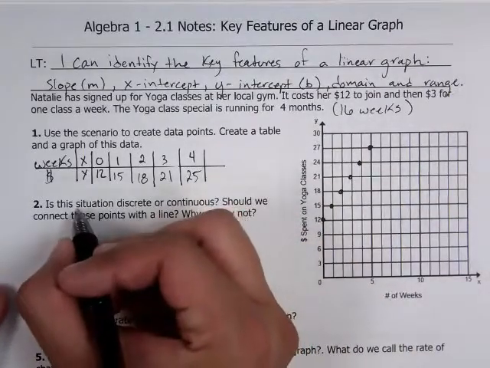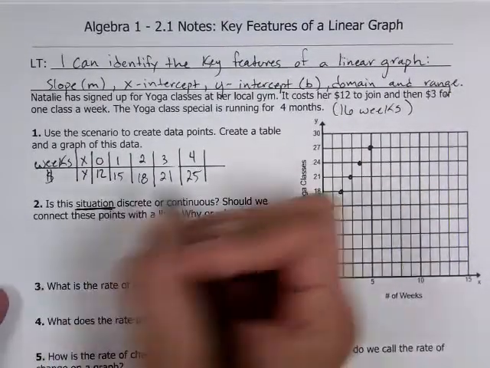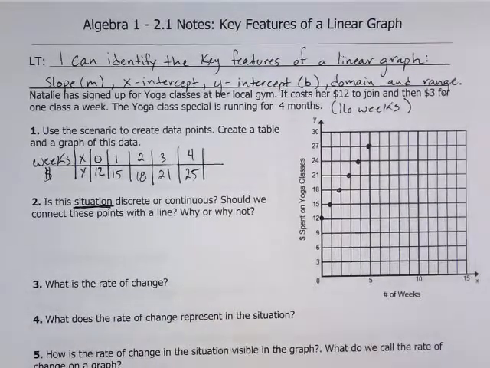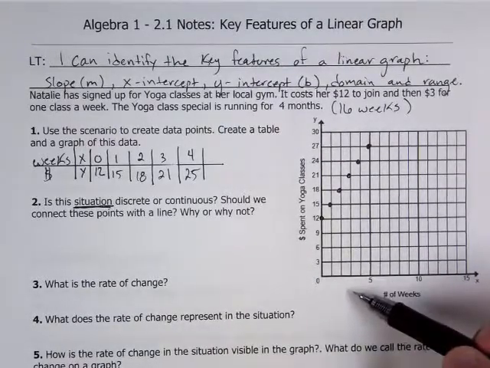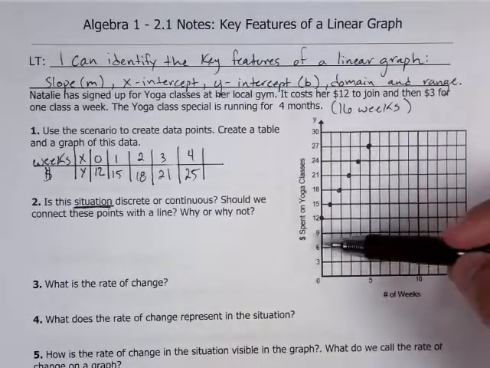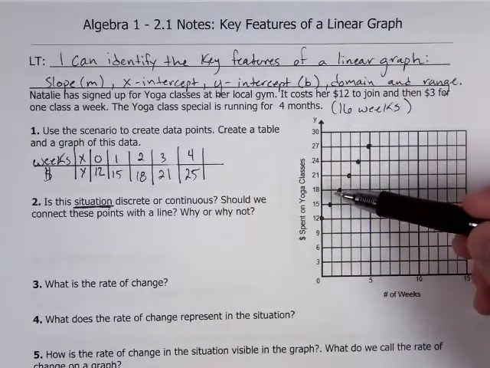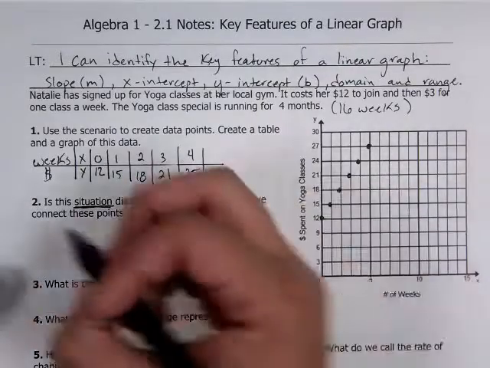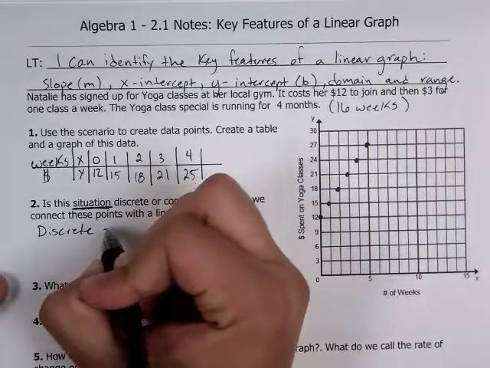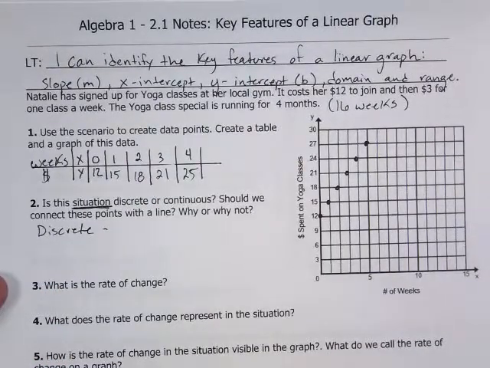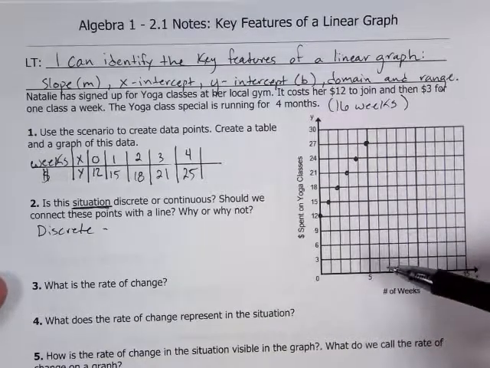Now, is this situation, discrete or continuous being the keyword? Should we connect these dots? Should we connect these points with a line? Why or why not? Now, the data is number of weeks she attends a class and the amount of money she spends on the classes. Now we're going to say this is discrete because you can't pay, or you're not going to attend part of a class.